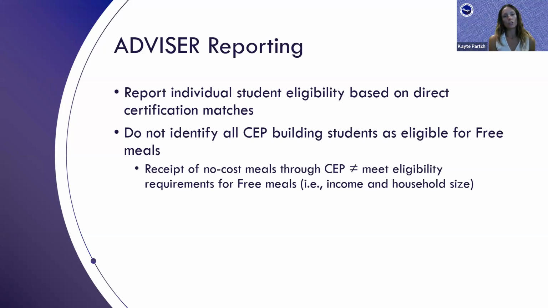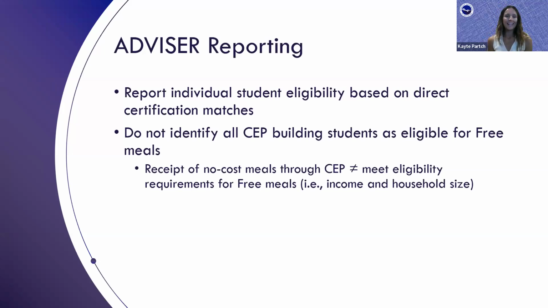The direct certification then uses enrollment data from advisor to identify which students are also part of the data that we receive from DHHS for those participating programs. So check that match list frequently, once a month or so, and make sure you're recording in your records which students are identified as eligible for a meal benefit because of their SNAP or Medicaid participation.